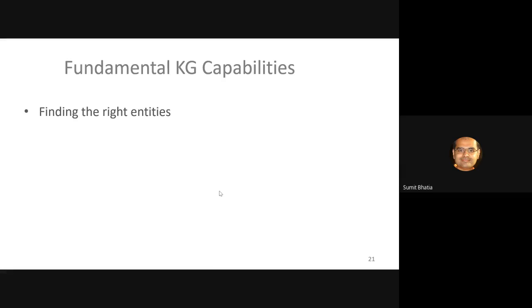Is it present in the graph? Or if I'm a security agency and I'm looking for certain terrorists or criminals, I want to know more about them in the graph. So first of all, I need to find whether they exist in the graph or not. That's the first fundamental capability, finding the right entities.